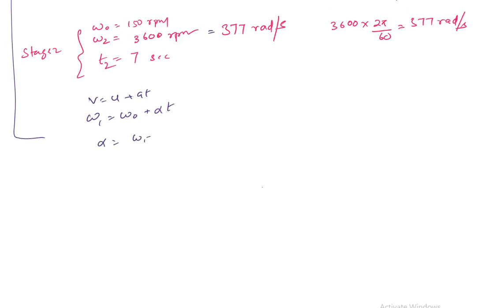Alpha equals omega 1 minus omega naught over T1. So 15.7 minus 0 divided by 1 second is 15.7 radians per second squared.